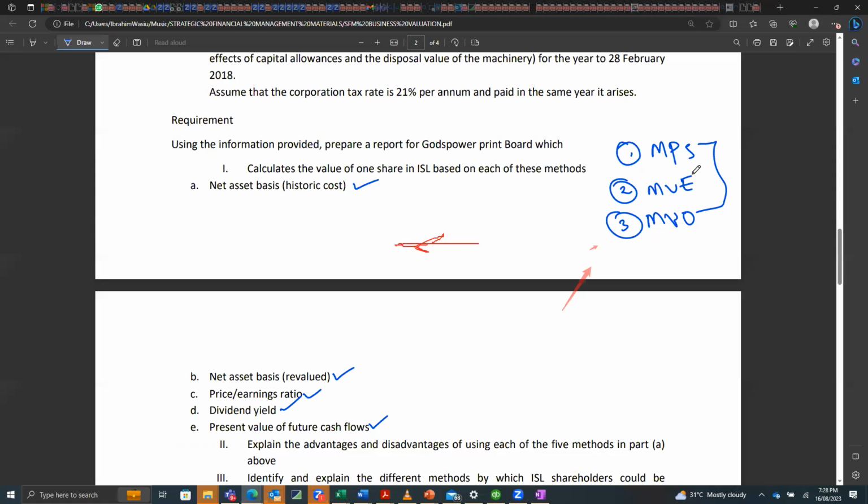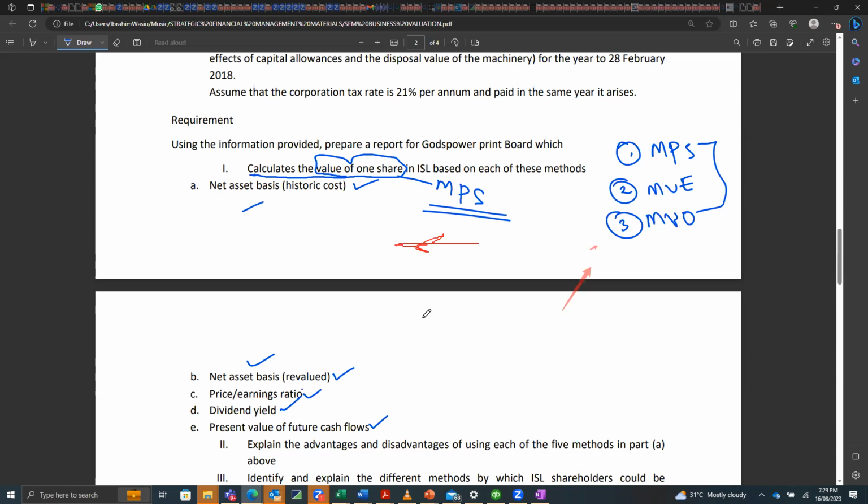Market price per share or market value of equity? It's market price per share. Look at it here: calculate the value of one share. Value of one share, that's the market price per share, but using different methods.